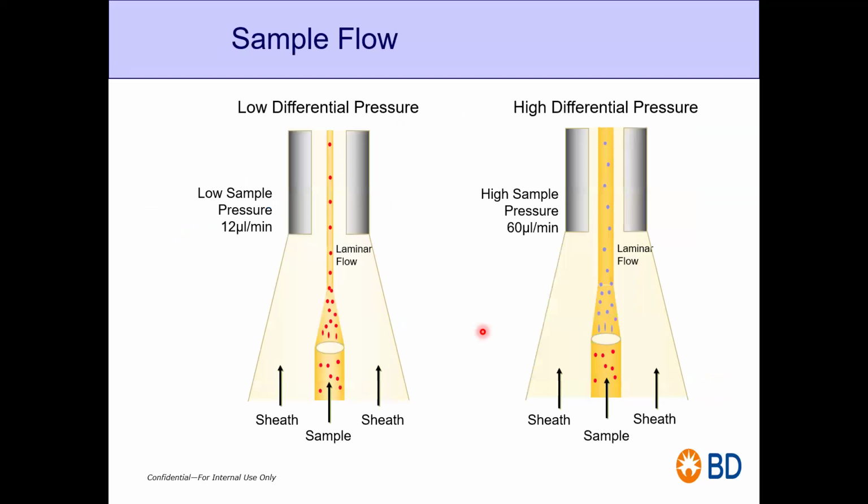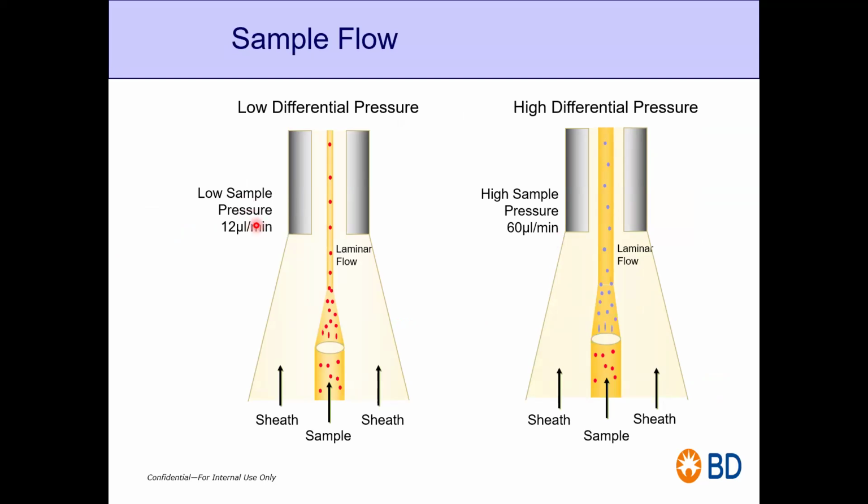And now, as I was talking about the sample pressure, they have discussed it here in two forms, low and high. So what does low mean, what does high mean? When you have a low sample pressure, there are three modes in your machine, actually four.